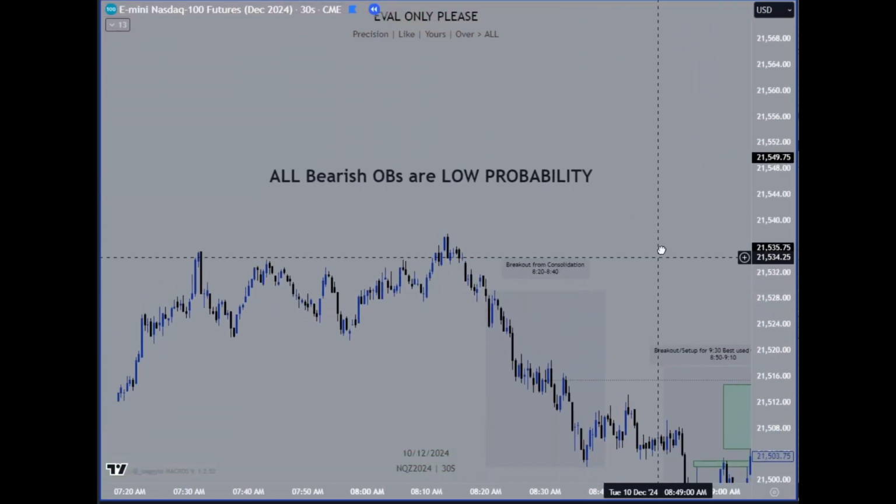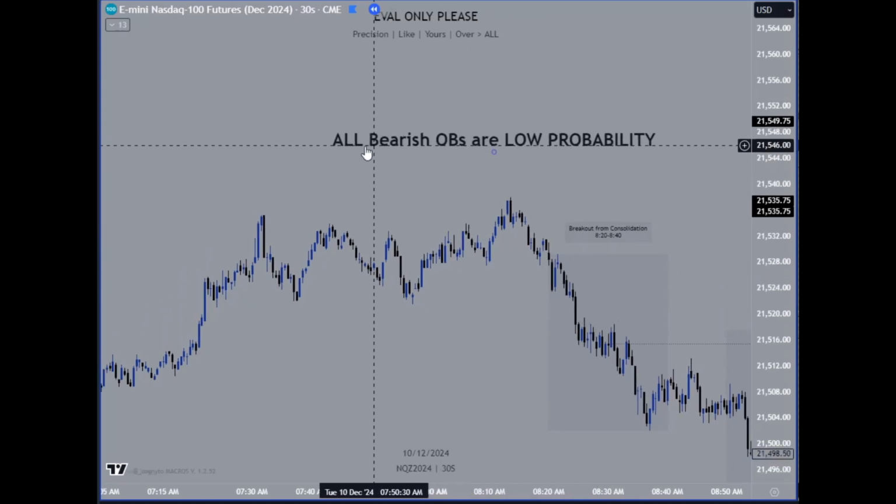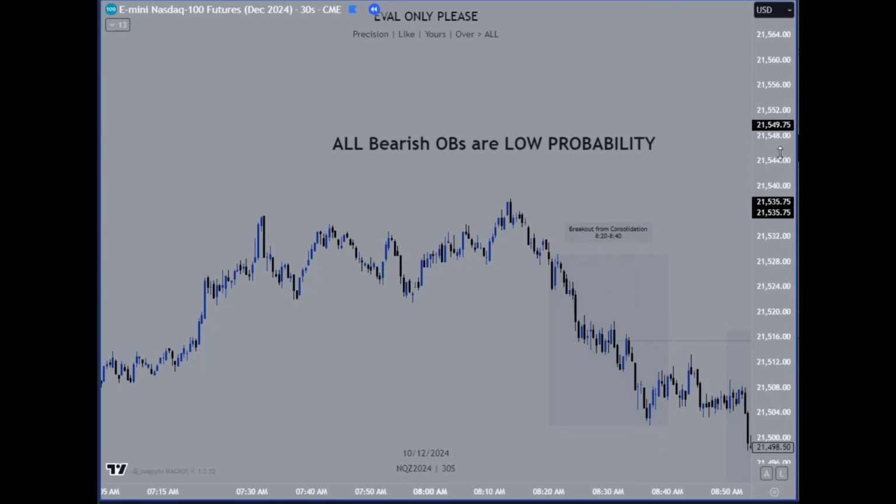It's going to eventually break, and the only thing that we'll be left with is a bullish OB at the bottom somewhere anyways, which is why all bearish OBs are low probability, because the market is designed to only go up and up and up.